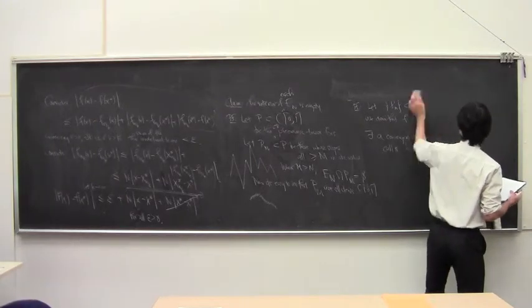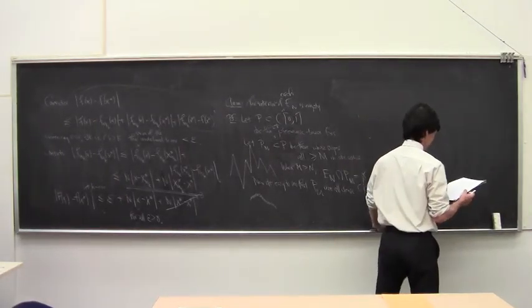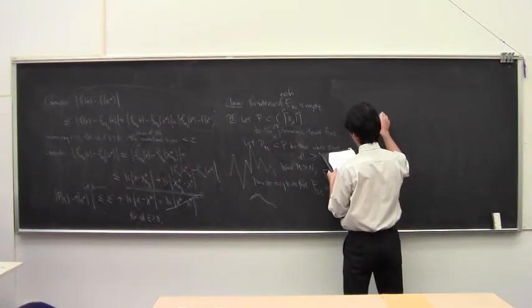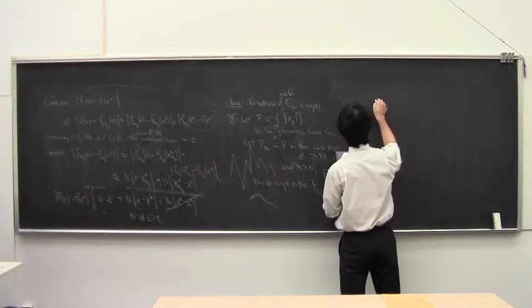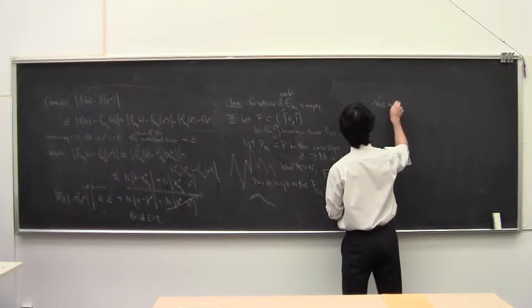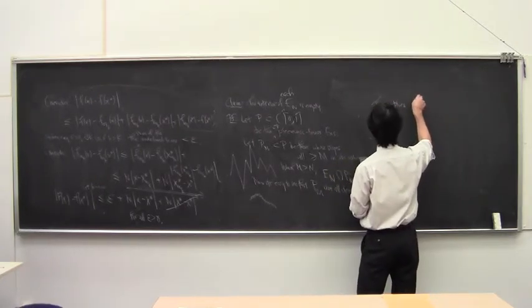So this implies that the interior of each E sub n is empty.